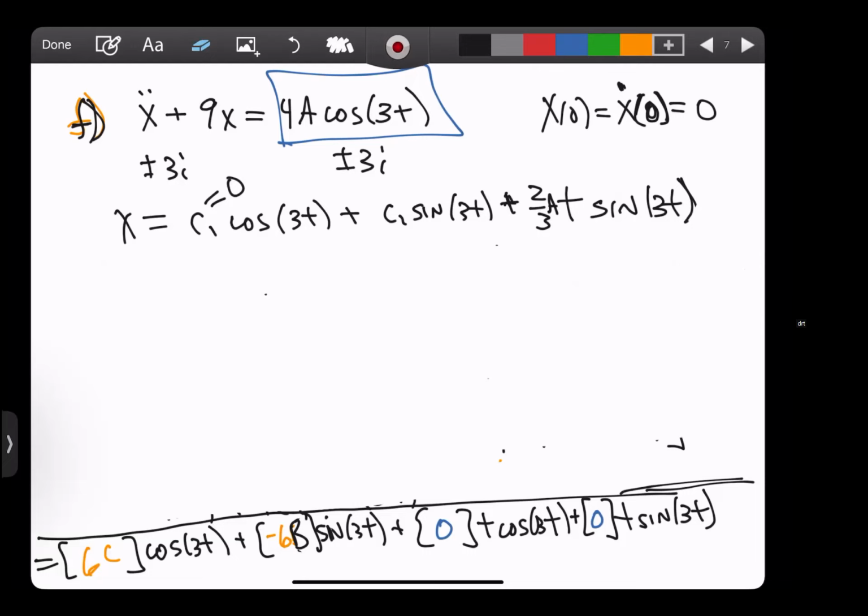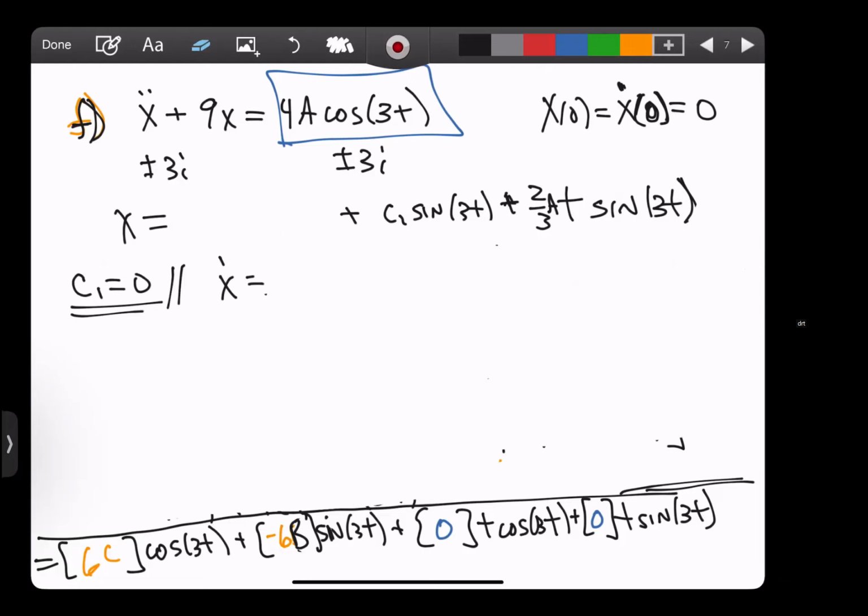That was 2/3 A. All right, so x at 0 equals 0. That definitely gives c1 equals 0. That's a no-brainer. And then x dot, well, we already know c1 is going to be 0, so we can actually just forget about that. We don't need that anymore.